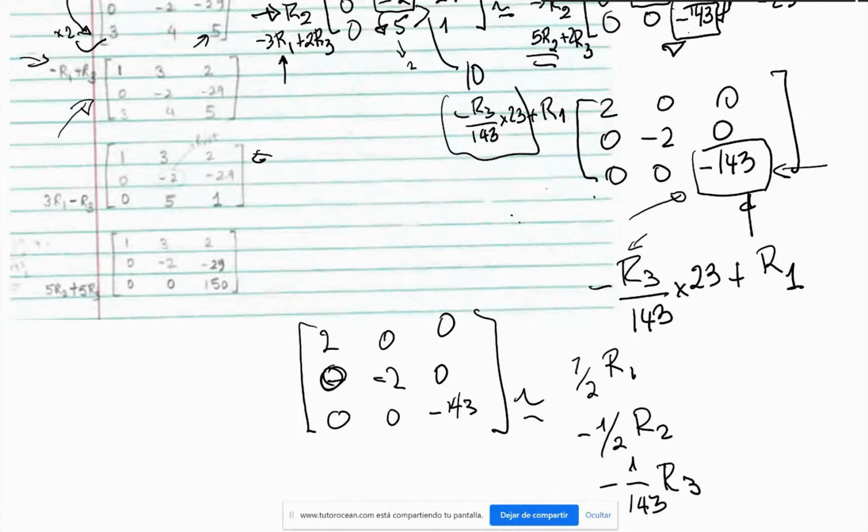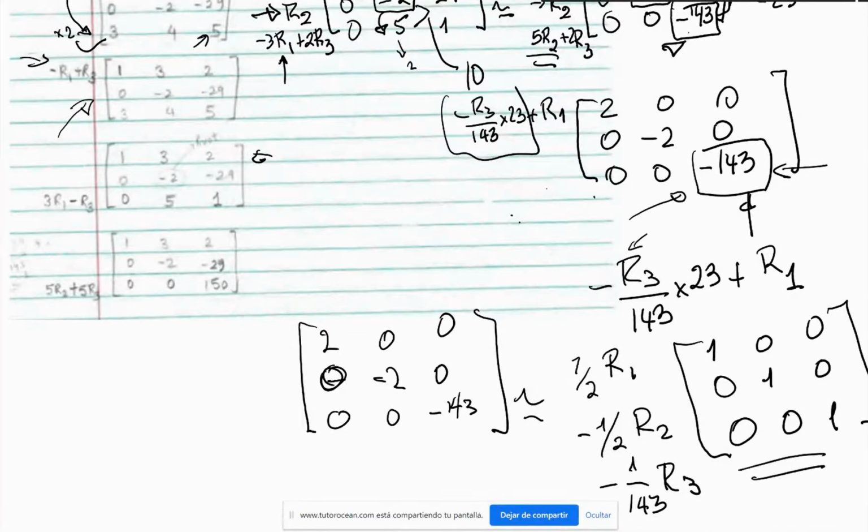And then you got 1, 0, 0, 0, 1, 0, and 0, 0, 1. This is the reduced echelon form.